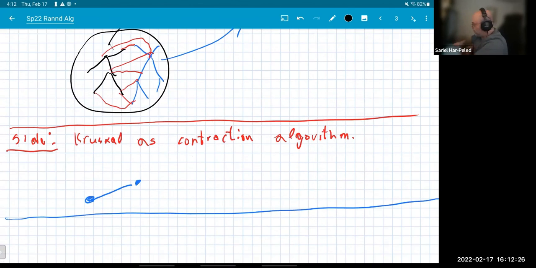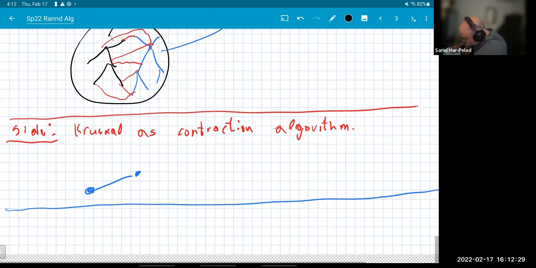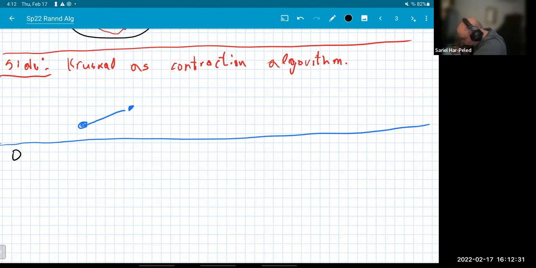So let's assume that we have an oracle. The oracle tells us which edge to contract.